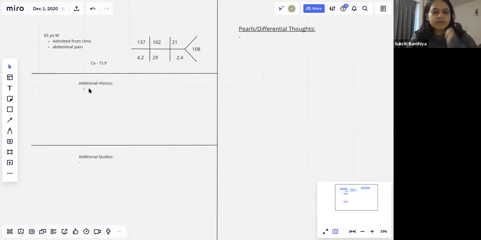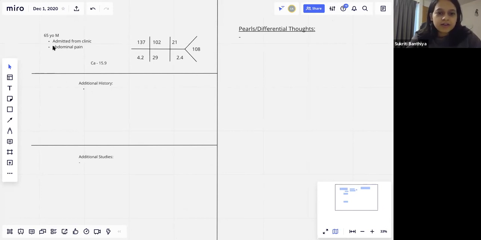So immediately when I look at this information, what jumps out is his calcium and his creatinine. But taking a step back and thinking about who this patient is, he's an elderly male with complaints of abdominal pain. I'm not sure where he's having pain or if it's diffuse or localized.